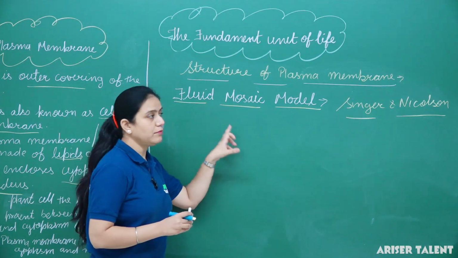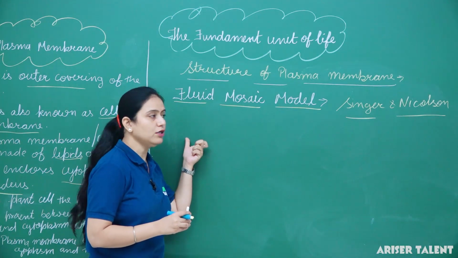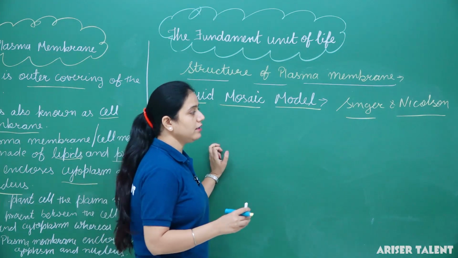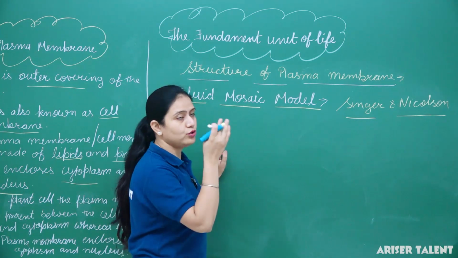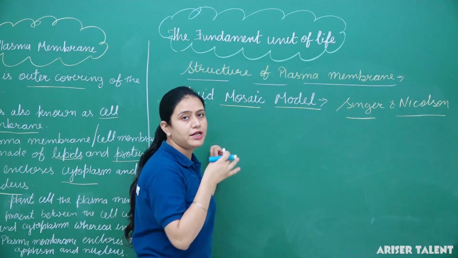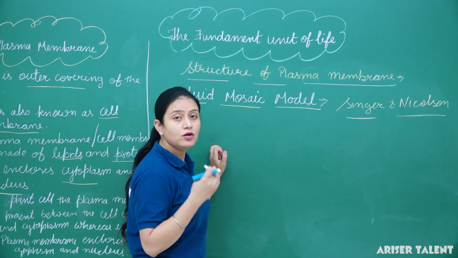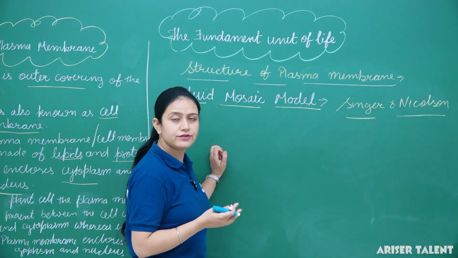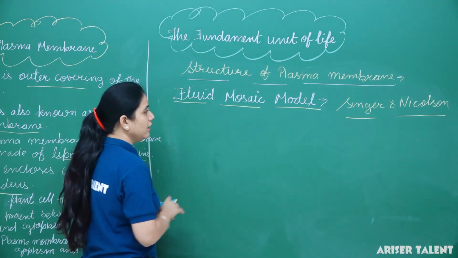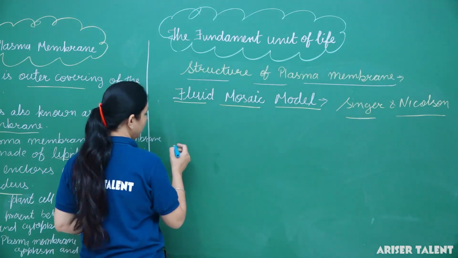Okay, lipid bilayer means lipids form the two layers of lipids, and they form a viscous fluid, and two types of proteins are arranged in the lipid bilayer. What are the two types of proteins? Intrinsic protein and extrinsic protein.